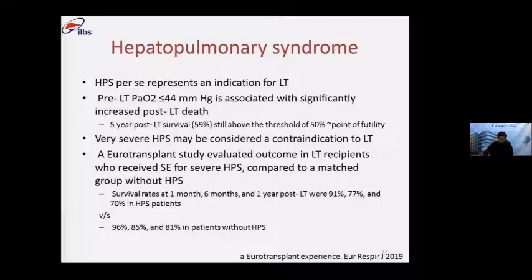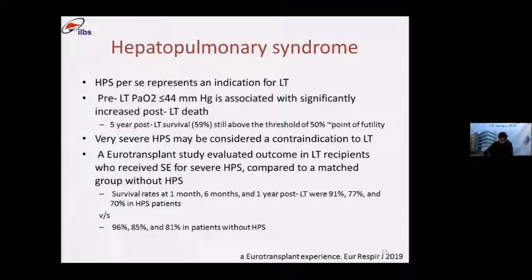At Eurotransplant centers, studies also evaluated outcome in LT patients who received standard exceptions for HPS compared to a matched group without HPS. Survival rates at 1 month, 6 months, and 1 year post LT were 91%, 77%, and 70% in HPS compared to 96%, 85%, and 81% in patients without HPS, although numerically lower, but statistically not different.